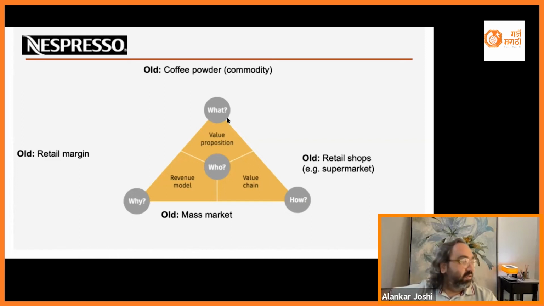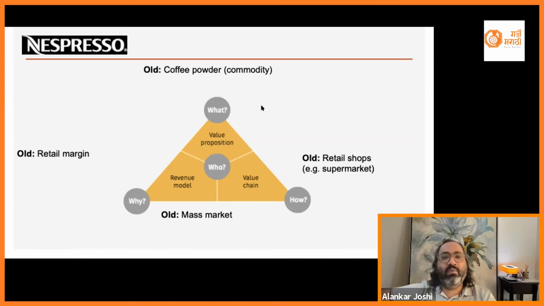When I say commodity margins, net at a PAT level can be 5% or lower for commodity type businesses. So when Nestle started thinking about the whole Nespresso business, this is what they were dealing with: issues of the existing industry, and the way it constrained how profitable they could be.